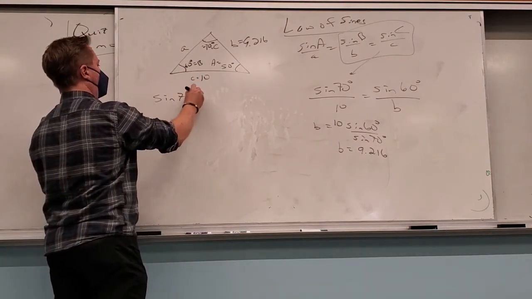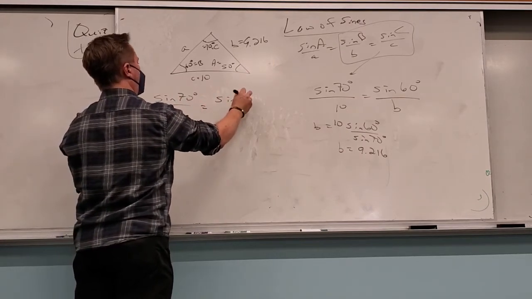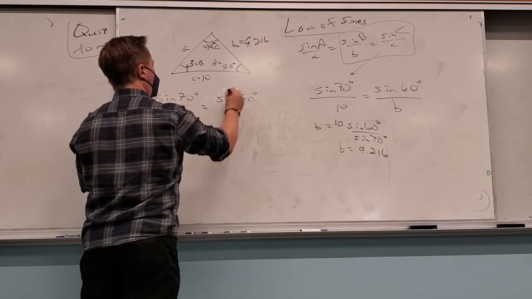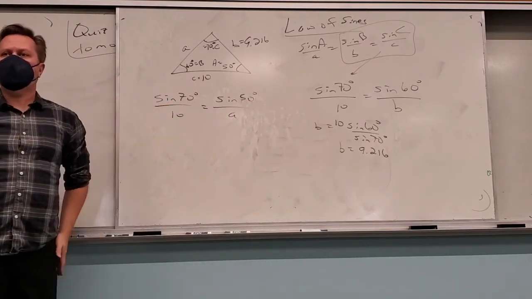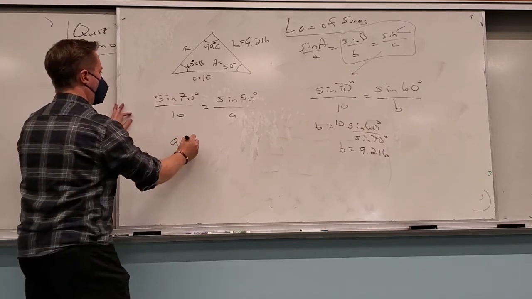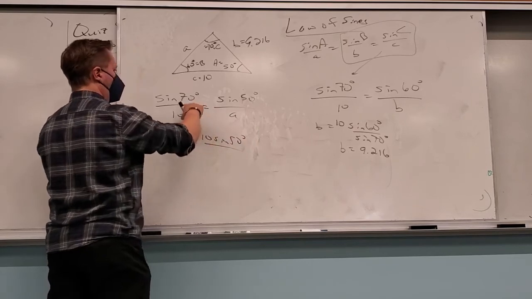Sine of C divided by C equals sine of A divided by A. I did the one for B, let's do the one for A. It works the same way. So then A is going to be 10 times sine 50 divided by sine 70.